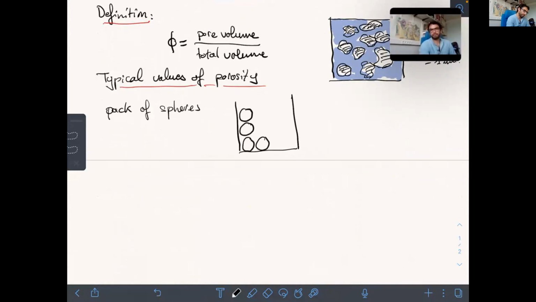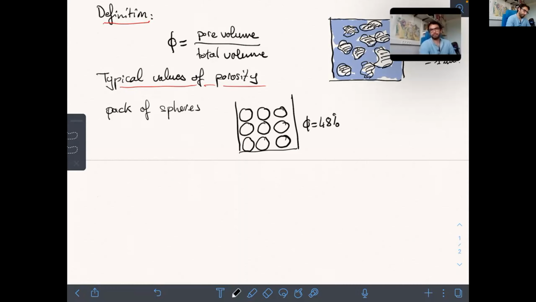Let's say if you arrange the spheres perfectly like this, on top of each other, this porosity here is quite large. It's 48% in an idealized porous media made like this of spheres.